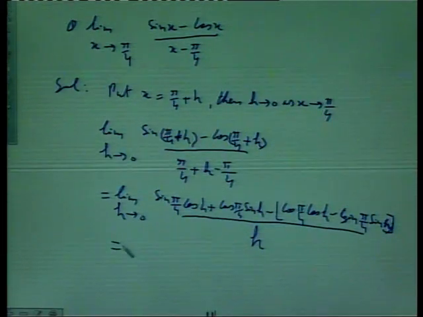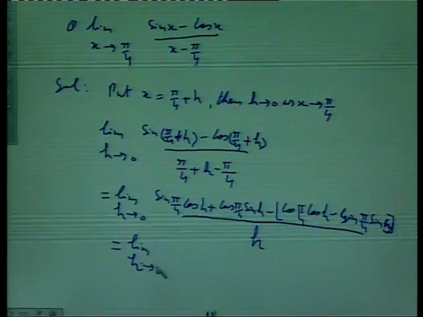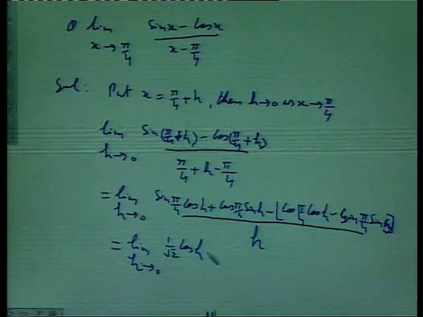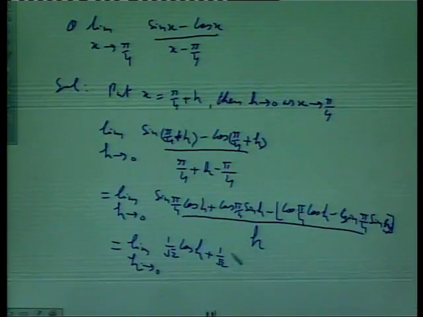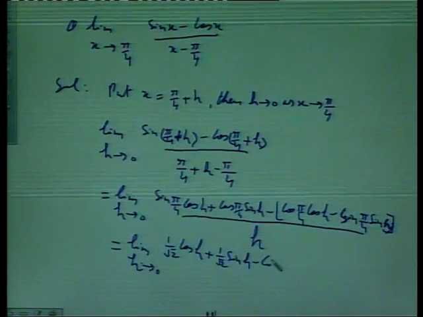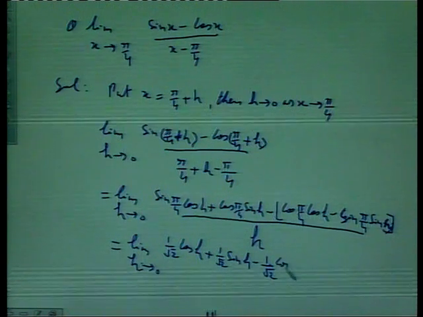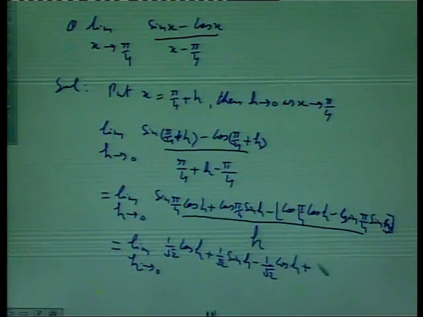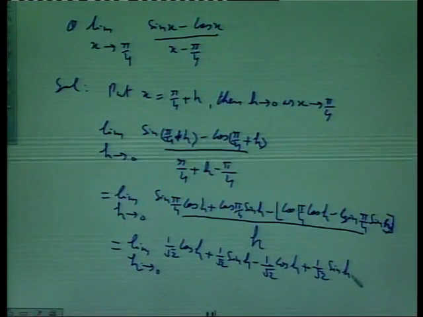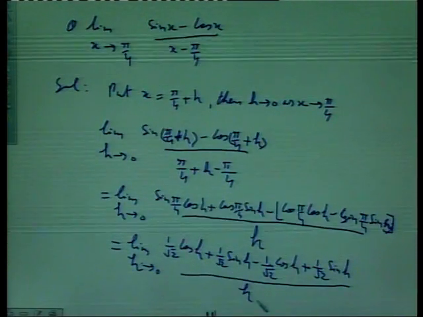Now, again sin pi by 4 is 1 upon under root 2. So, 1 upon under root 2 cos h plus 1 upon under root 2 sin h minus 1 upon under root 2 cos h plus 1 upon under root 2 sin h, whole divided by h.